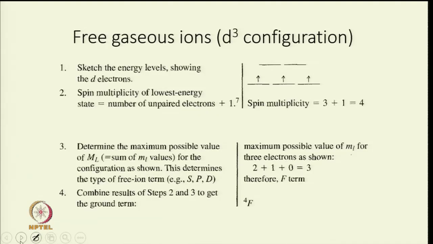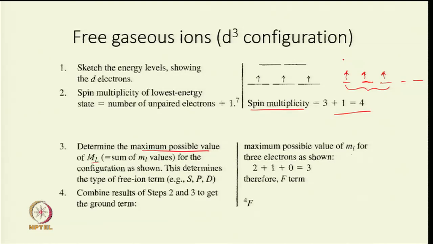Let us think of a gaseous ion with d3 configuration. The first thing to do is sketch the energy levels showing the d electrons. Let us make the d orbitals, there are 5 orbitals, and then put in the electrons. We know the spin multiplicity is the number of unpaired electrons plus 1, that is 4. Now let us get the maximum possible value of ml.